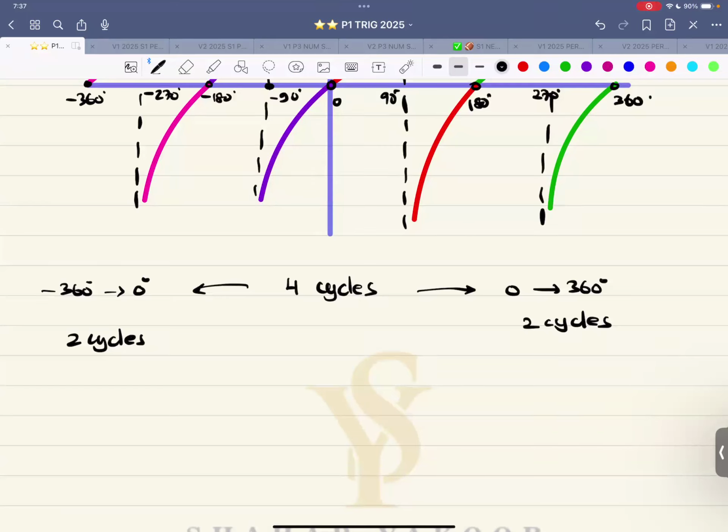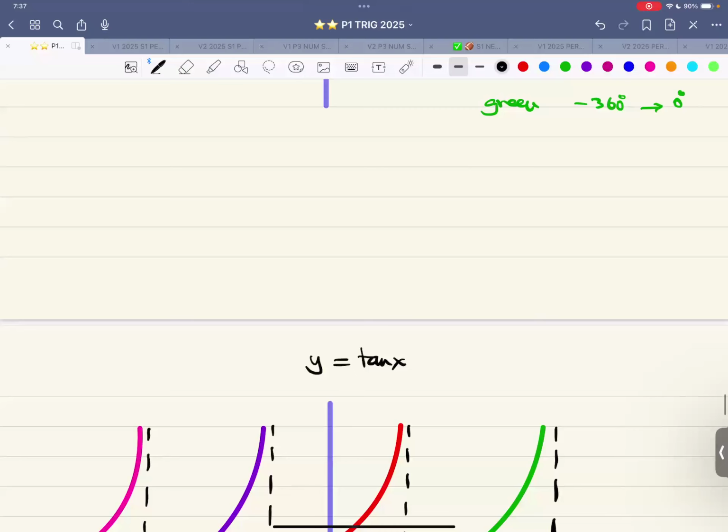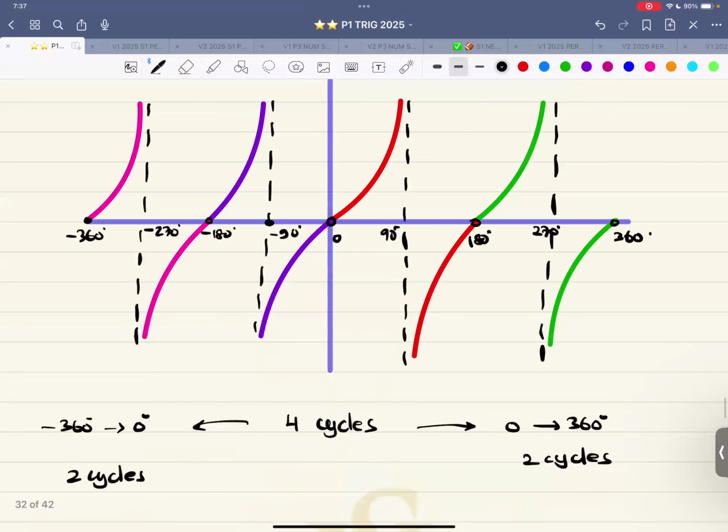So now extended graphs ranging from negative 360 to positive 360. So is it all got all done and dusted? Just acknowledge it. And now I can start with the transformation. This is not yet transformation. This is just drawing extended graphs.